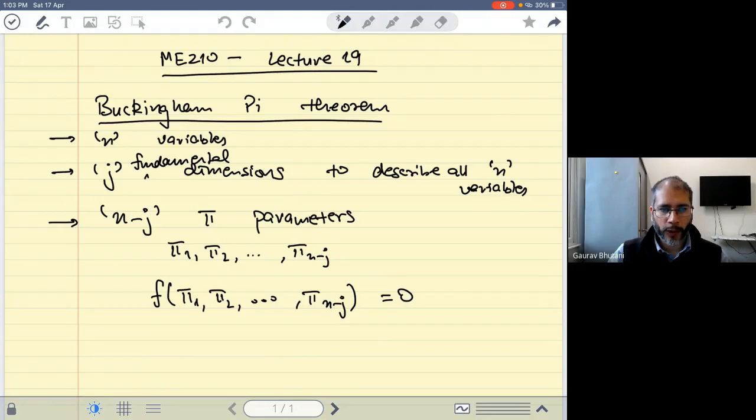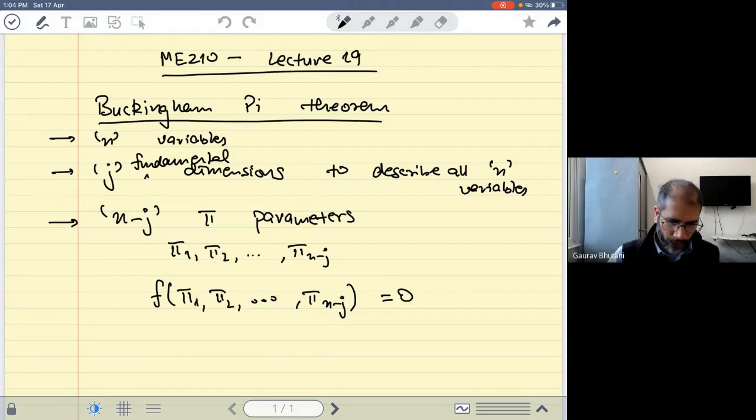So effectively we are reducing the number of variables in the problem from n to n minus j, which we'll see is a very effective strategy to reduce the number of unknowns in the problem.